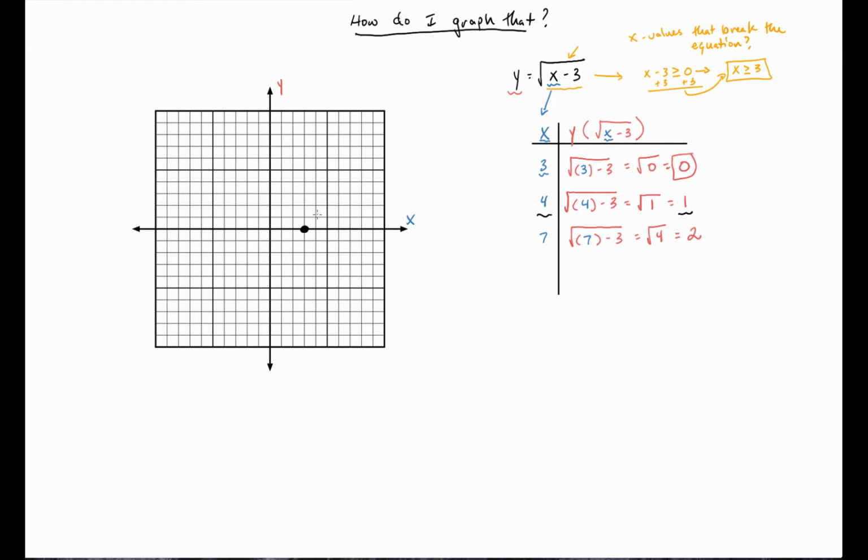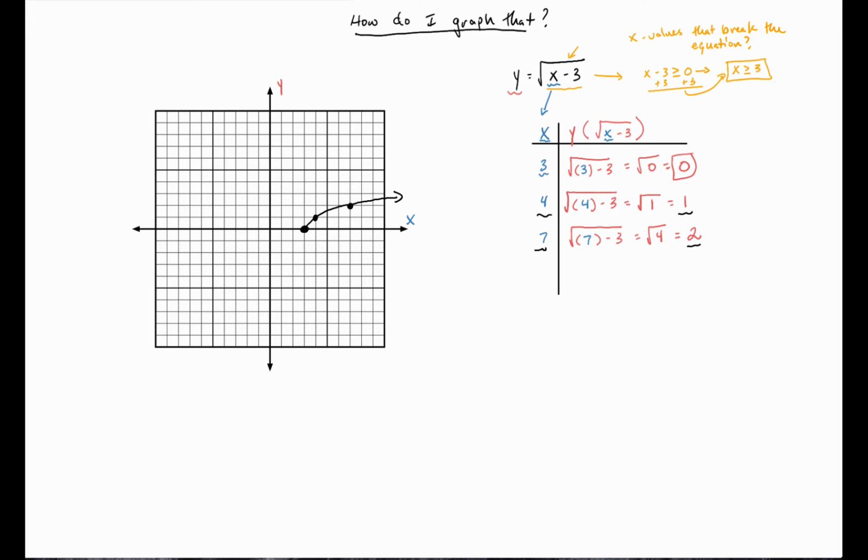So let's plot that. And I have the point 7, 2. So let's go ahead and plot that. And now we can start to see this taking shape. And it's looking like something like that. And honestly, that's good enough for us to have a rough idea of what this function is, how it looks.